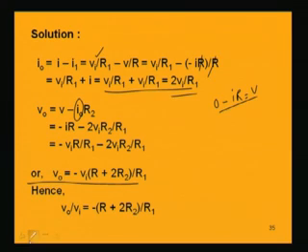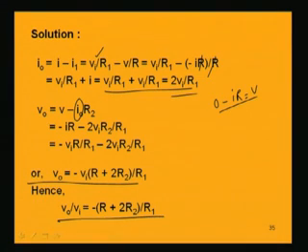So, now this expression is in terms of the resistances which are connected in the circuit, and we have got that the ratio between the output and input voltage equal to minus into the resistances R plus 2 R2 by R1.